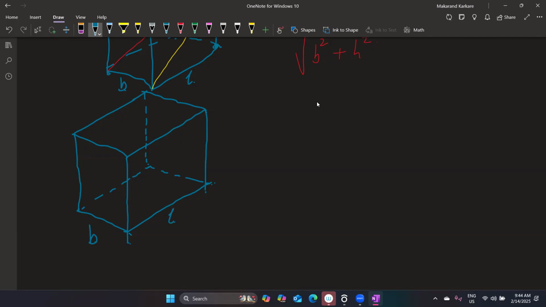L, H. And we are talking about this diagonal.